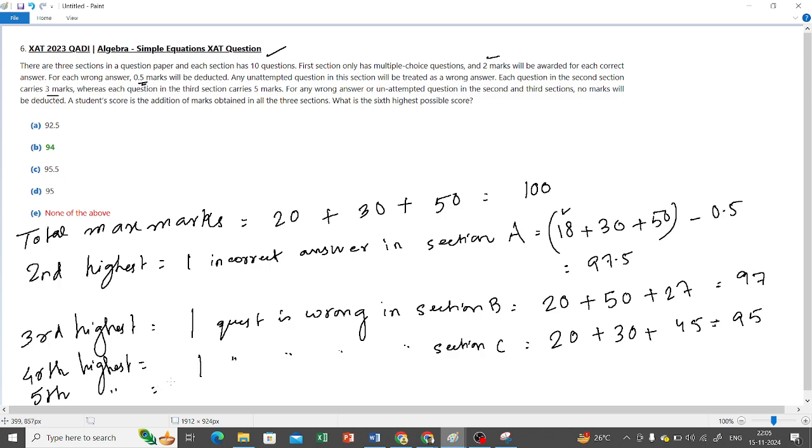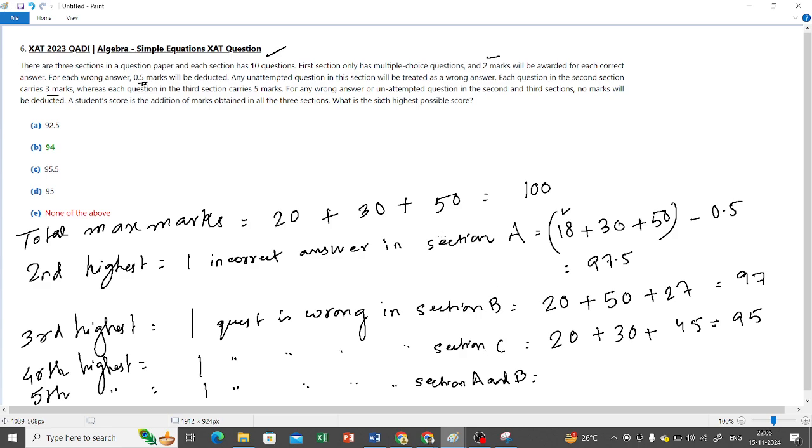Fifth highest, one question is wrong in section A and B. So see, first of all, to get the second highest, one question was wrong in section A. Then to get the third highest, one question was wrong in section B, no negative marking. To get the fourth highest, one question was wrong in section C, no negative marking.